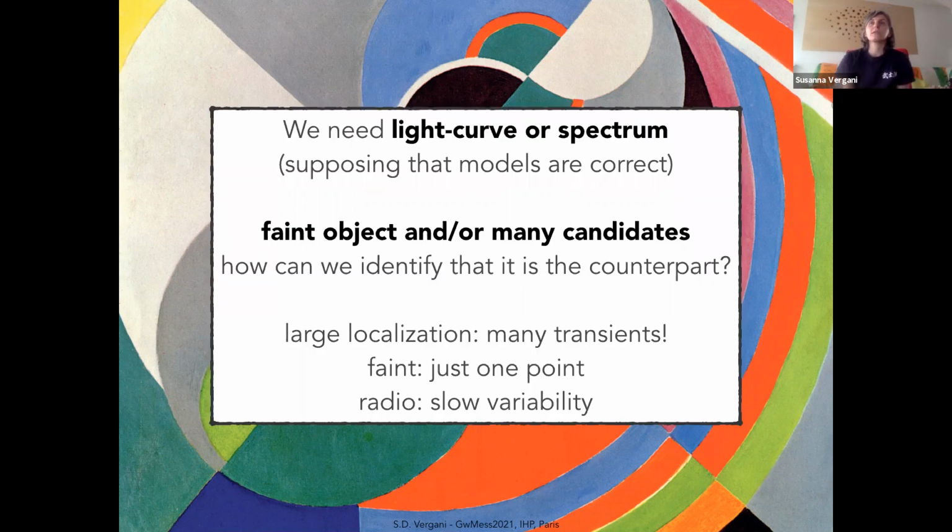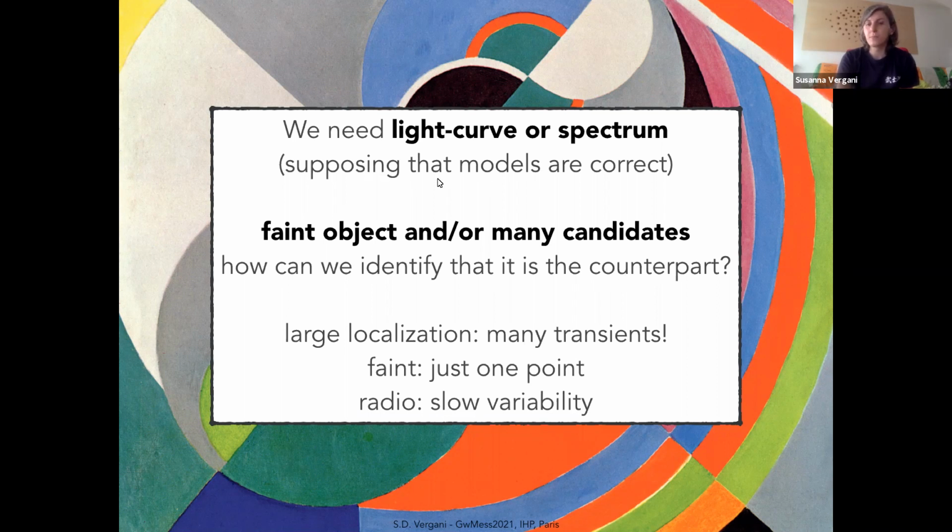To identify that the transient I detected is the electromagnetic counterpart, for example the kilonova, I need information on the light curve and/or on the spectrum. Here I have some problems, because if the transients I detected are faint, or if there are many candidates, it's very difficult to identify which is the counterpart for many reasons.